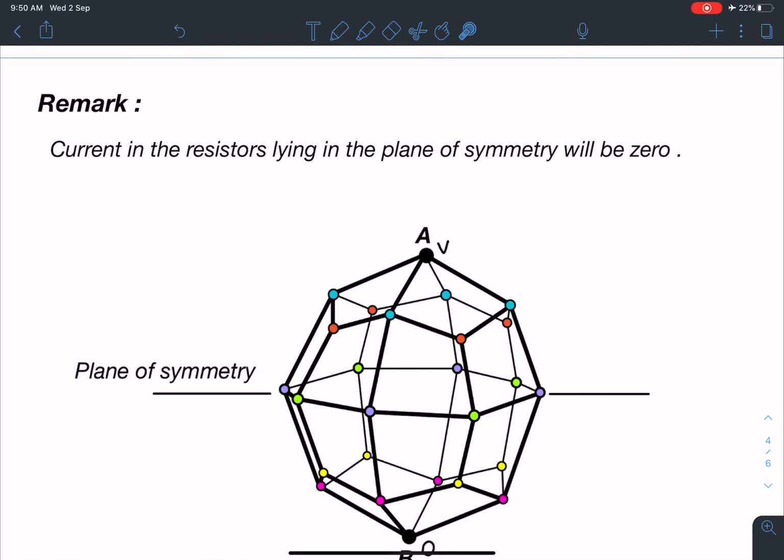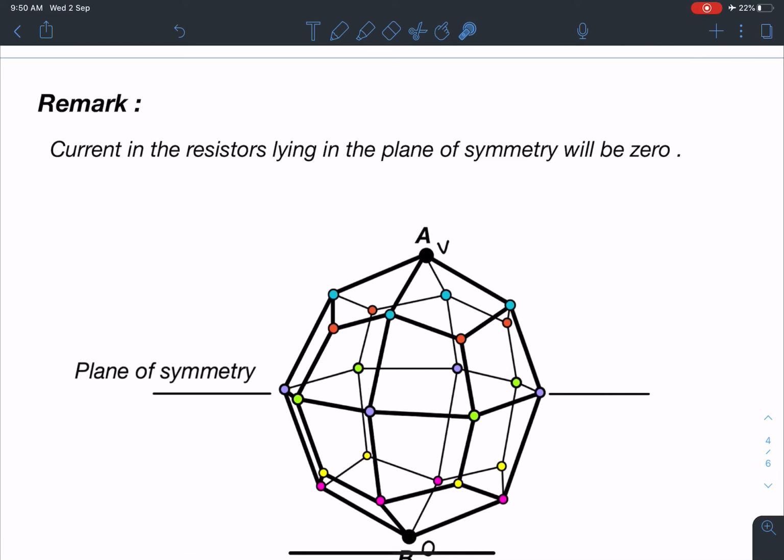So here you can see I could use that logic earlier also, but I was not sure, because this point here is joining with a point which is having a junction of 3, and another one is having a junction of 4, and this orange color is having a junction of 3. So it was very difficult to comment on whether this and this point, the green and violet points, will be at the same potential or not.